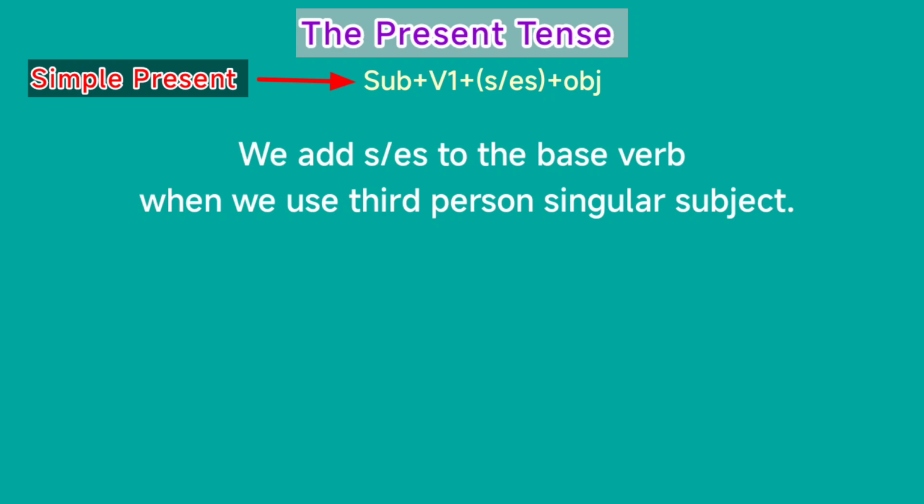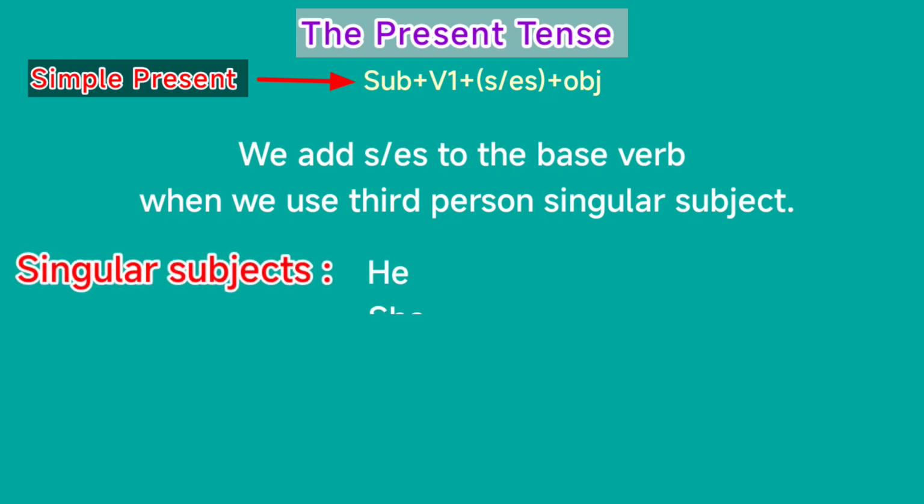Singular subjects are he, she, it, and any person name or place name or thing name, but it must be single. Then we can use S or ES in the verb place. That means S or ES is added to the end of the verb. Of course, it depends upon the spelling of the word.